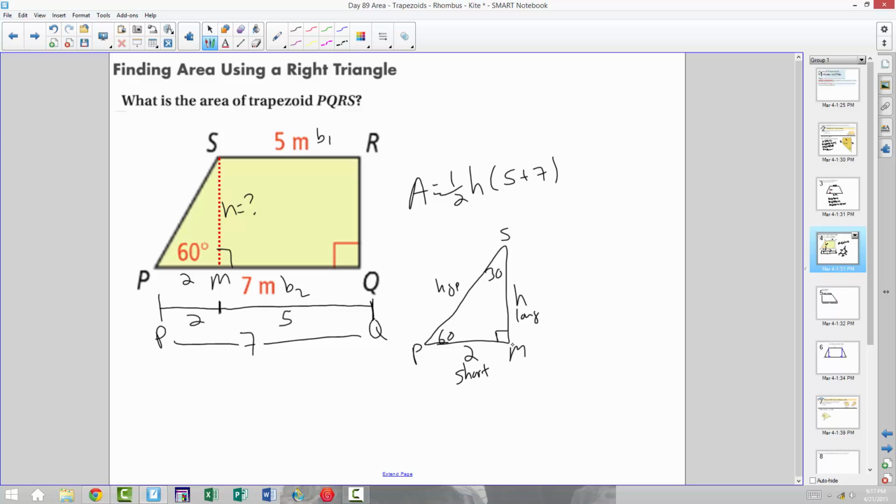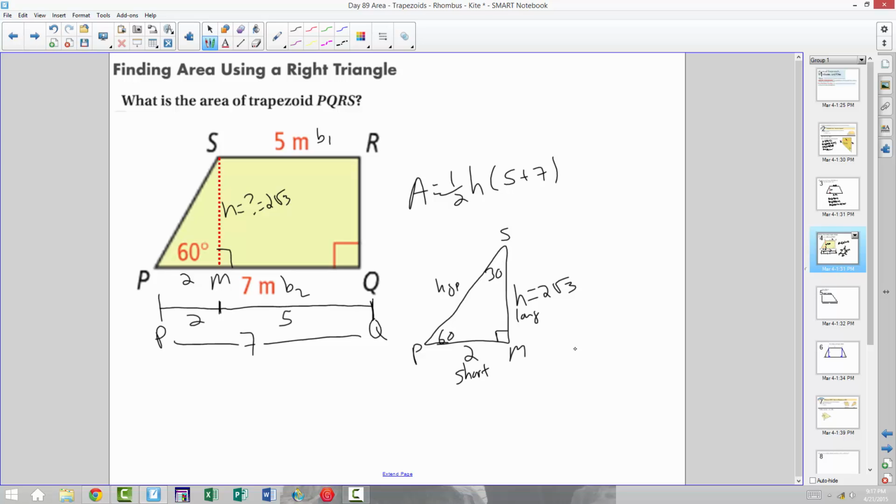You should remember your rules that short times radical 3 will give me the long. So the height is going to be 2 square root 3. How did I get that? By creating a right triangle and using my 30, 60, 90 rules.